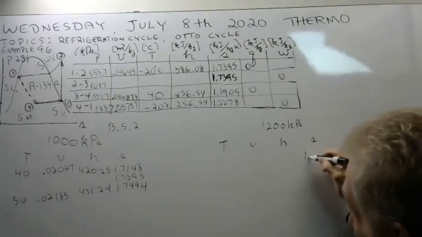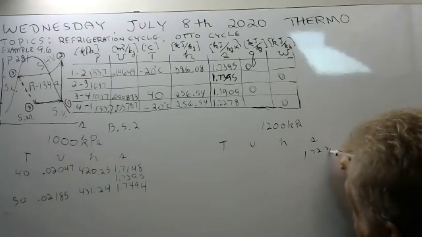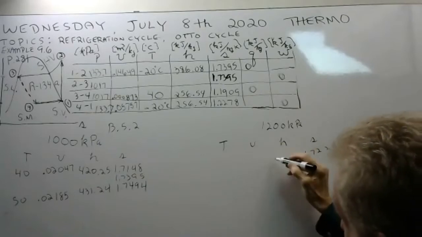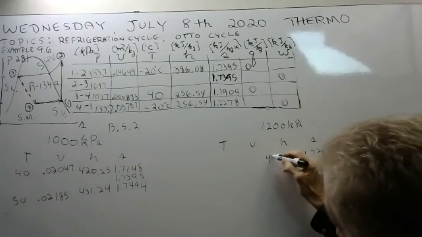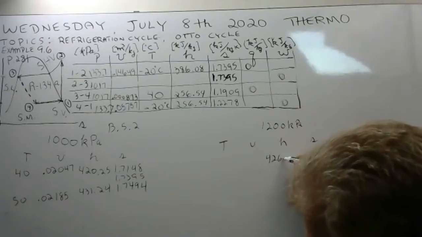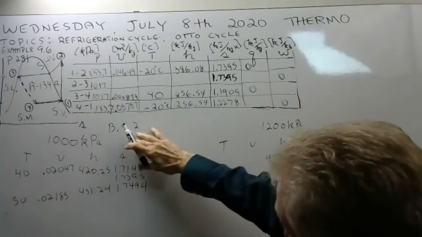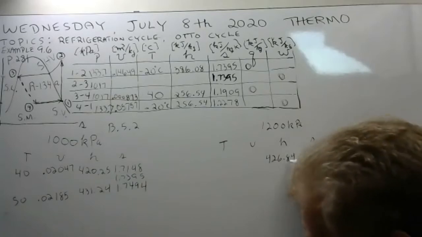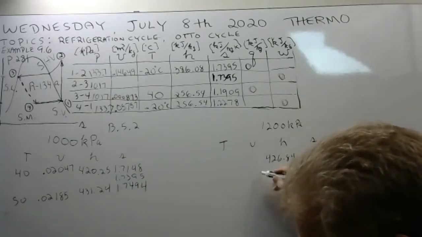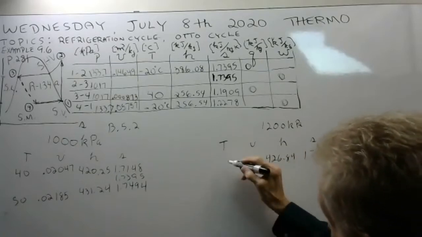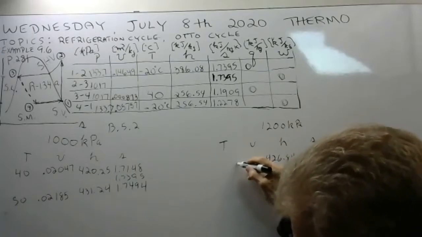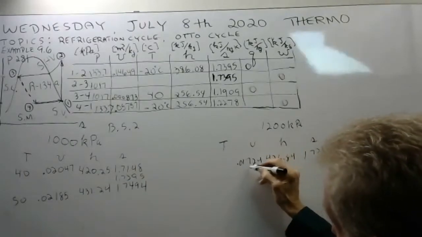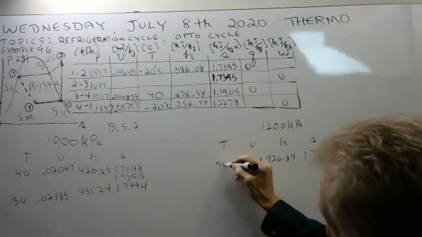They have 1.7237. And these numbers are all in the back in table B5.2. I'm sorry that this is so ugly, but 0.01724, and this is at 50.